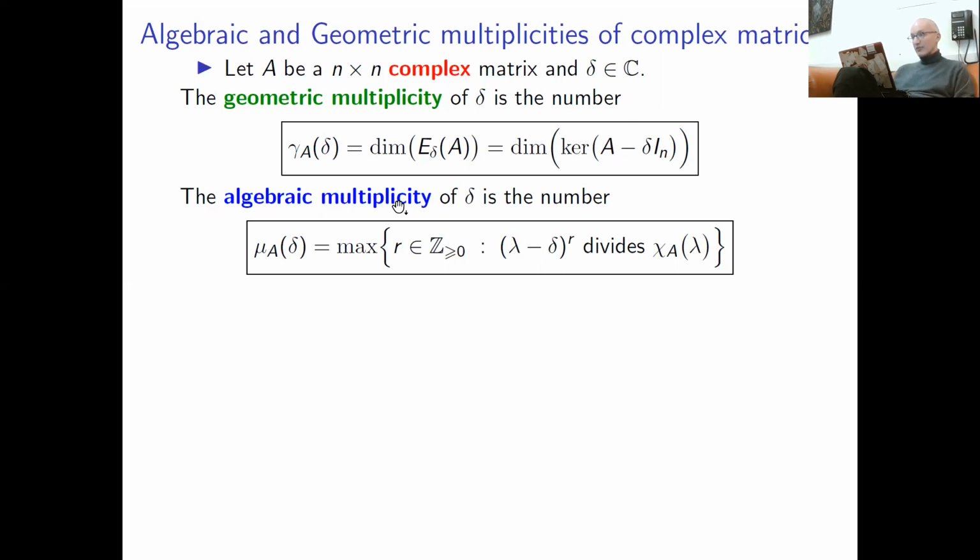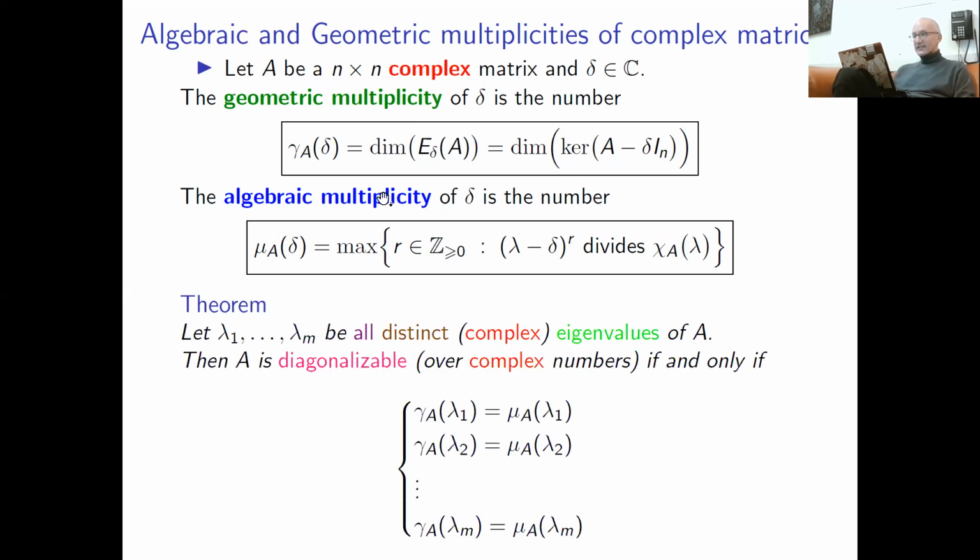So if algebraic multiplicity is positive, then geometric multiplicity is positive. But it's always less or equal than algebraic multiplicity, and in some cases geometric multiplicity can drop, can be smaller.